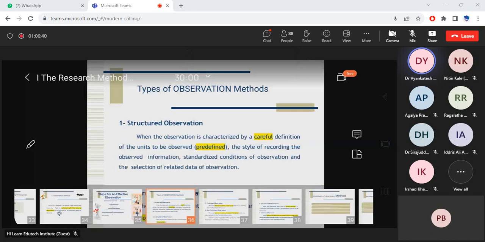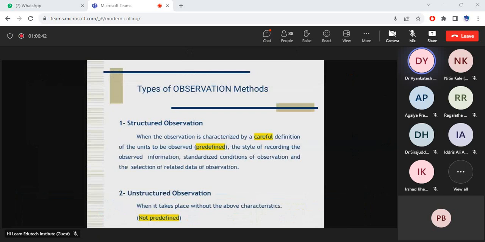Unstructured observation takes place without these characteristics, not predefined.